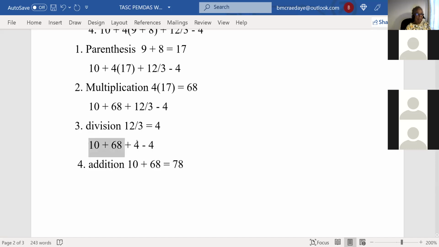So now let me copy this over. Okay. And I'll replace that 10 plus 68 by 78. Okay. Bring that over. Okay, 10 plus 68, that's 78, right? So let's just put the 78 here.